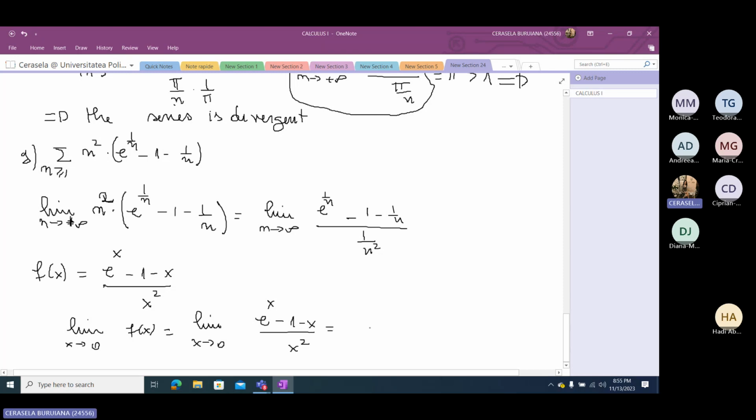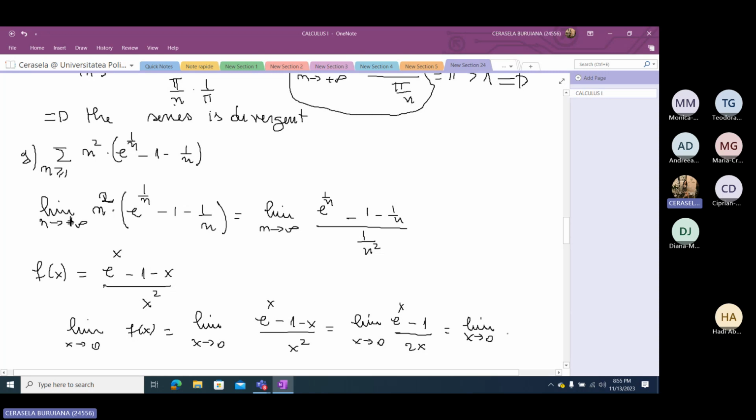Now the L'Hopital theorem is easy. It's not too difficult. If you remember, we derive the denominator and the numerator, and we get e power x minus 1 over 2x. Now, if we want, we may apply the L'Hopital theorem one more time, or just use the fact that e power x minus 1 over x tends to 1.